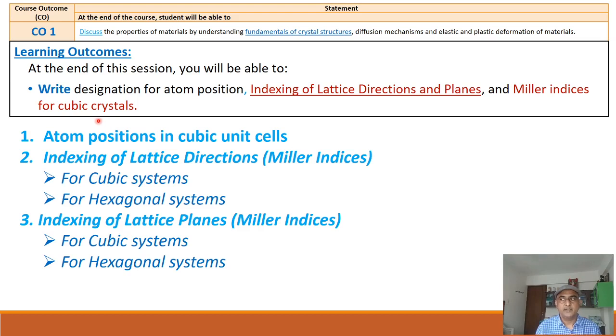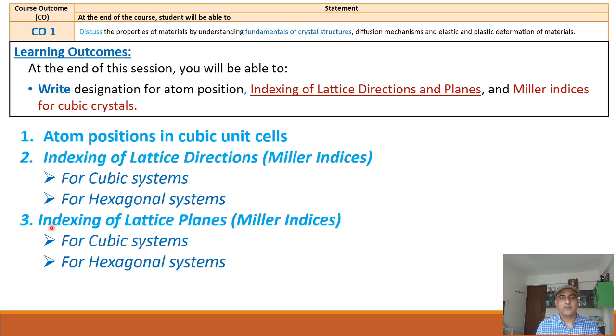What is the concept of Miller indices for cubic system crystals? First, the content of this lecture is written here: atom positions in cubic unit cell, how the positions are defined. After that, indexing of lattice directions, Miller indices for directions, for cubic system and for hexagonal systems.